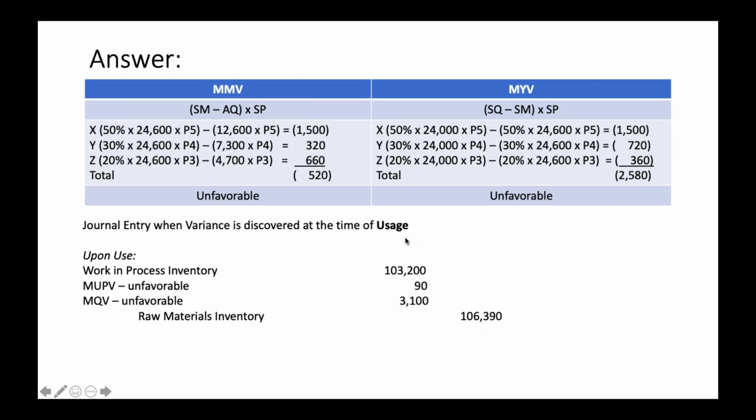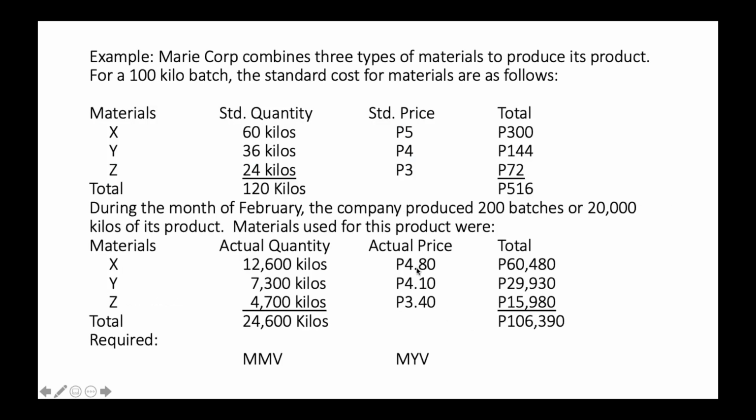For the 106,390, since this is upon usage, we record the materials inventory upon purchase at the actual price on the actual quantity. So when we issue it to our production, we will use actual quantity at the actual price. The actual price is 4.8, 4.10, and 3.40.